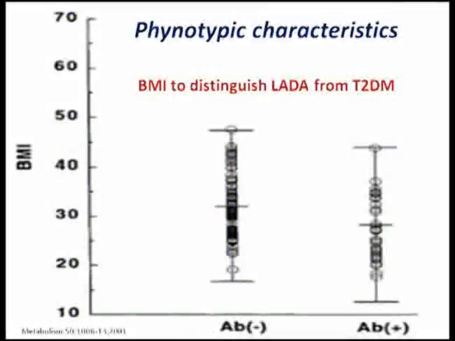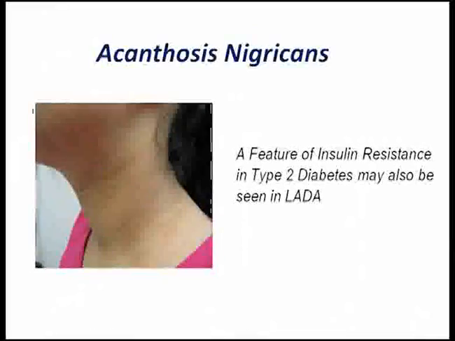The BMI also did not give us much information, but definitely the LADA patients were a wee bit leaner than the type 2 diabetic patients who are antibody negative. Acanthosis nigricans is a feature of insulin resistance seen in most of our type 2 patients, but we also see this in some of the LADA patients.